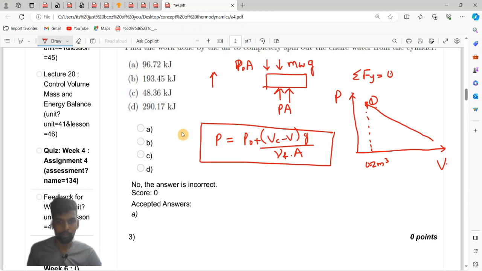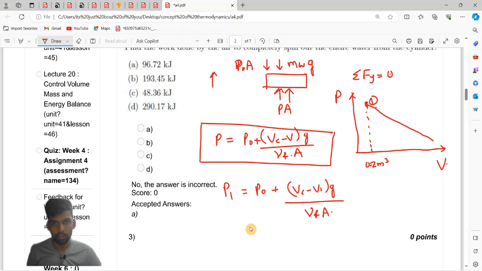So P1 will be P naught plus (Vc minus V1) times g Vf times A.